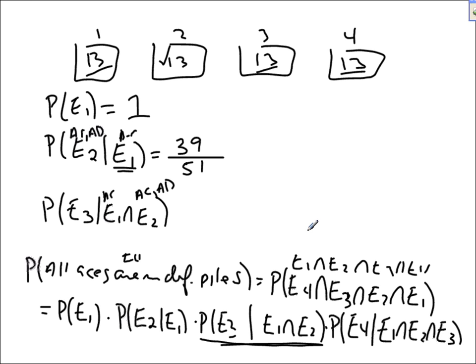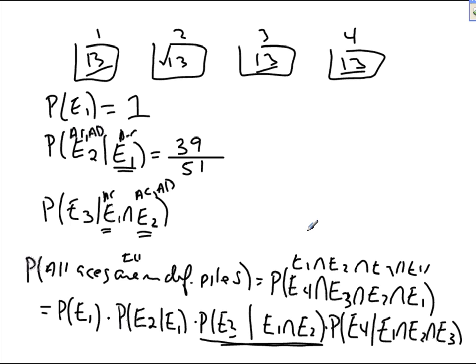This one I had to write down. Okay, so the intersection of these two: the ace of clubs is in one pile, and the ace of clubs and the ace of diamonds are in different piles.